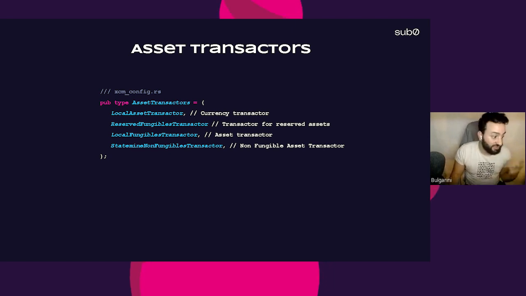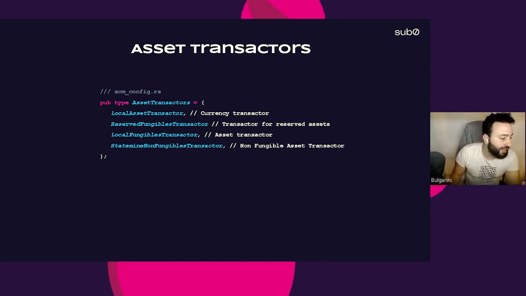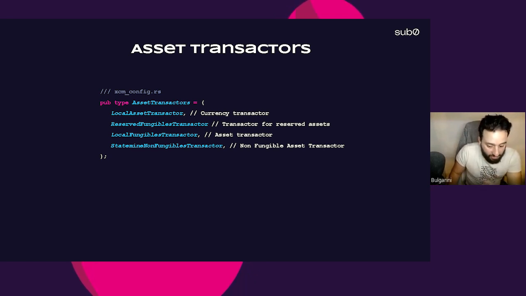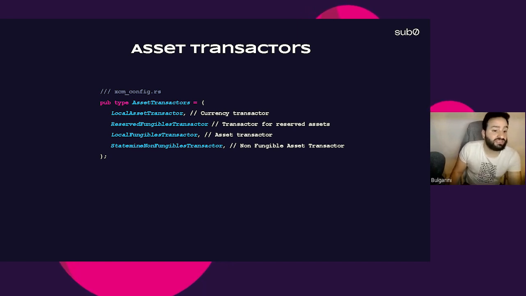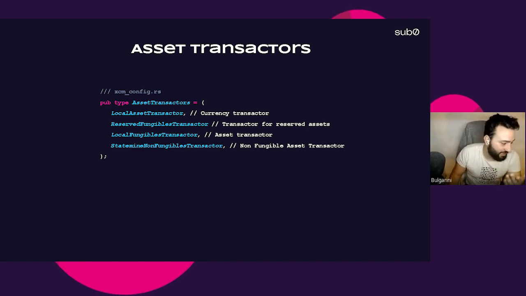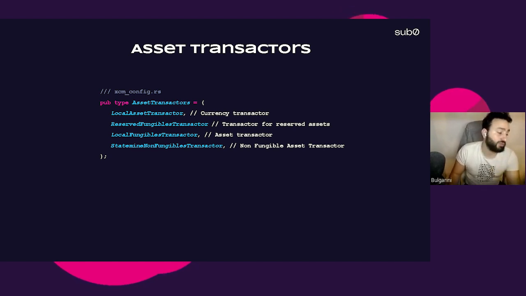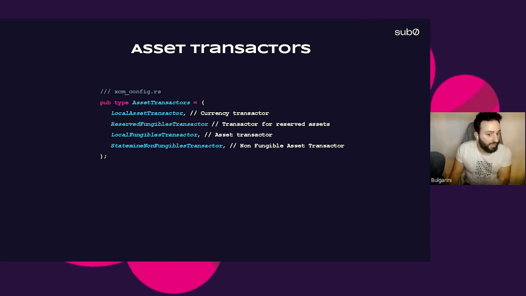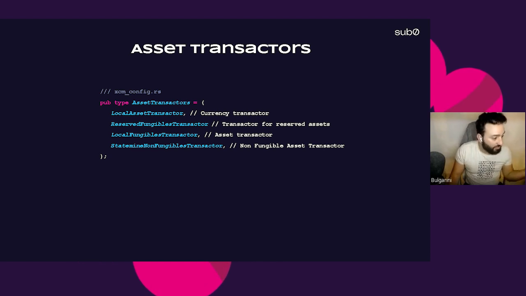These asset transactors are, first, the local asset transactor, which defines how we behave with the native token of the chain: in the case of Statemint it is DOT, in Statemine it is KSM, and in the case of Moonbeam, for example, it is the GLMR token. Then we have the reserve fungible transactor, which we define on Trappist, where we recognize Statemint as a reserve for our assets, so we configure one specifically for this.